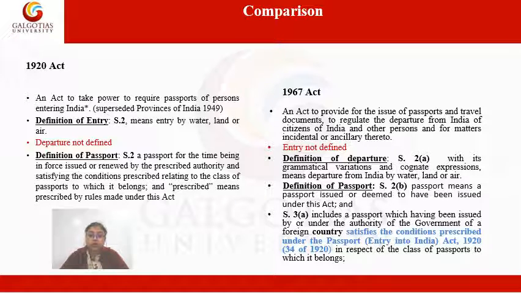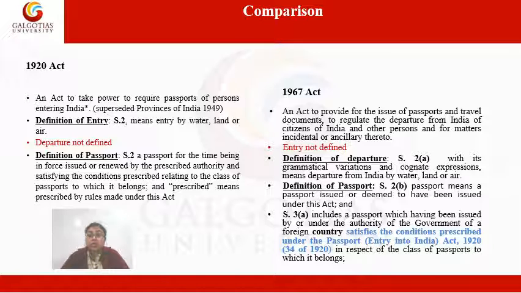Through any source you are entering into India, you have to enter with a proper travel document. Departure was not defined because emigration was not covered, as I said earlier. The definition of passport as per the 1920 Act was a passport for the time being in force, issued or renewed by the prescribed authority and satisfying the conditions prescribed relating to the class of passport to which it belongs. And prescribed means prescribed by rules made under this Act, meaning the 1920 Act.